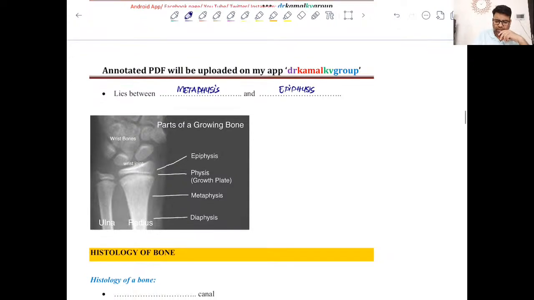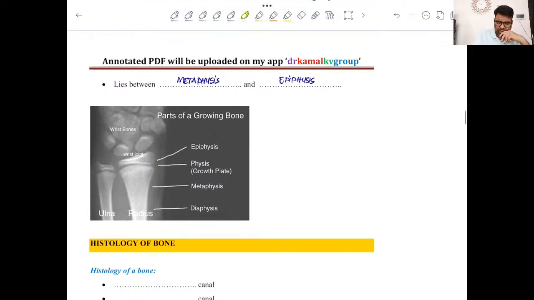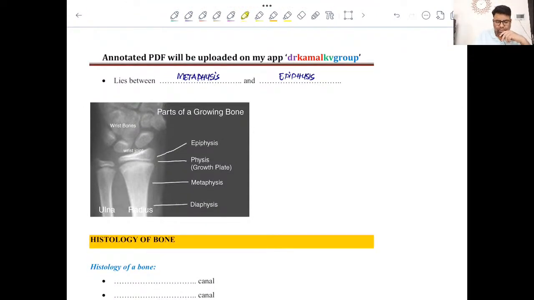Now if we take an X-ray, we can see the different parts of a bone. Here you need to remember one thing: whenever we are taking an X-ray of a child, we will be seeing black lines at the ends. These black lines are not fractures; they are actually the growth plate, or what we call the physis, right?